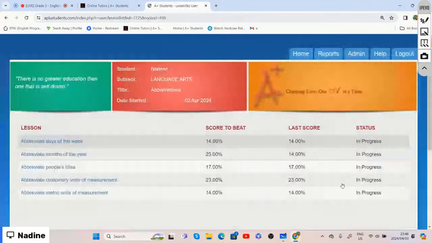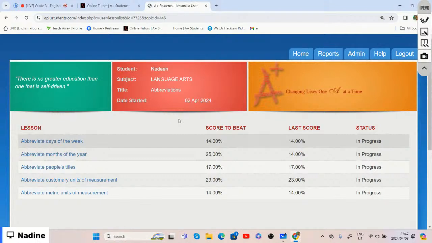All right, so we learned that abbreviations are shortened versions of a specific word. So with abbreviations, we shorten that word. And in today's lesson, we abbreviated customary units of measurement as well as metric units of measurement.